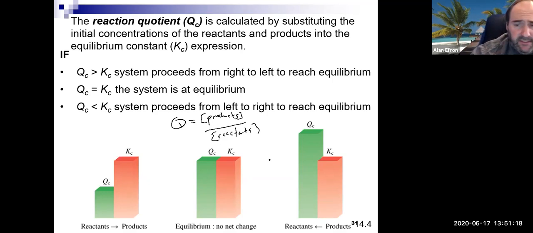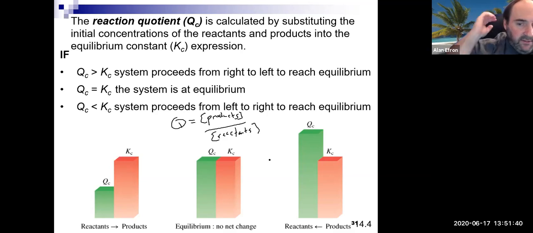We have the concentrations of everybody that's there, but we're not sure if we're at equilibrium or not. Obviously, in order to calculate Q, you need the concentrations of everybody in the reaction. So if you're given that, that's a pretty big hint that you probably should calculate Q at some point, if you're going to do some type of calculation like that.